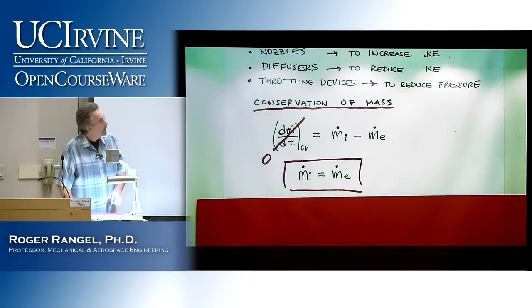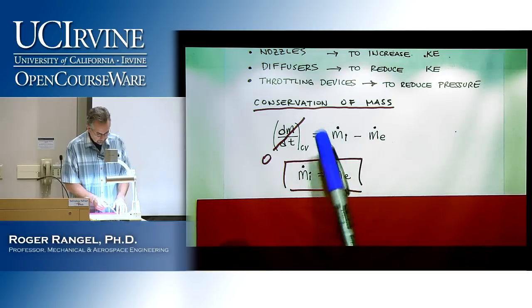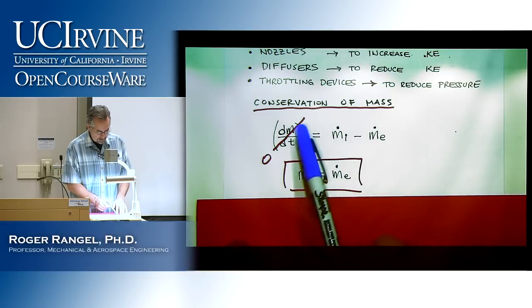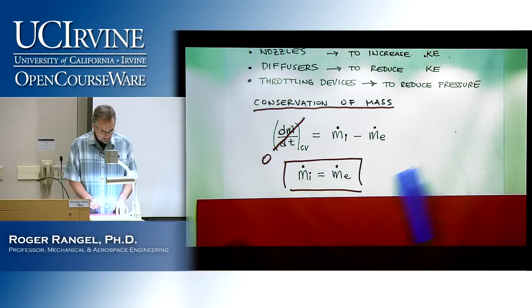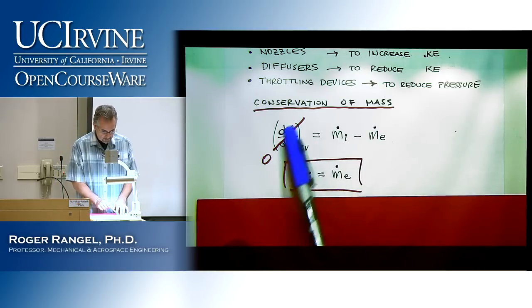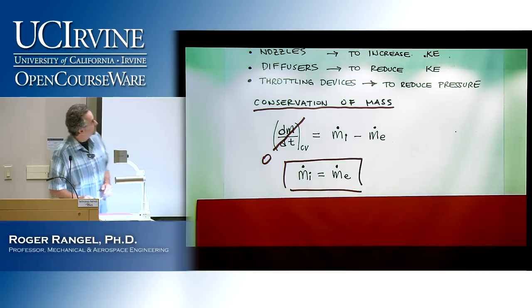Now, because we are looking at devices that operate in steady state, and remembering that steady state means that there is no time variation of properties inside the control volume, then the mass inside the control volume should not change with time, and then we can eliminate the time derivative.